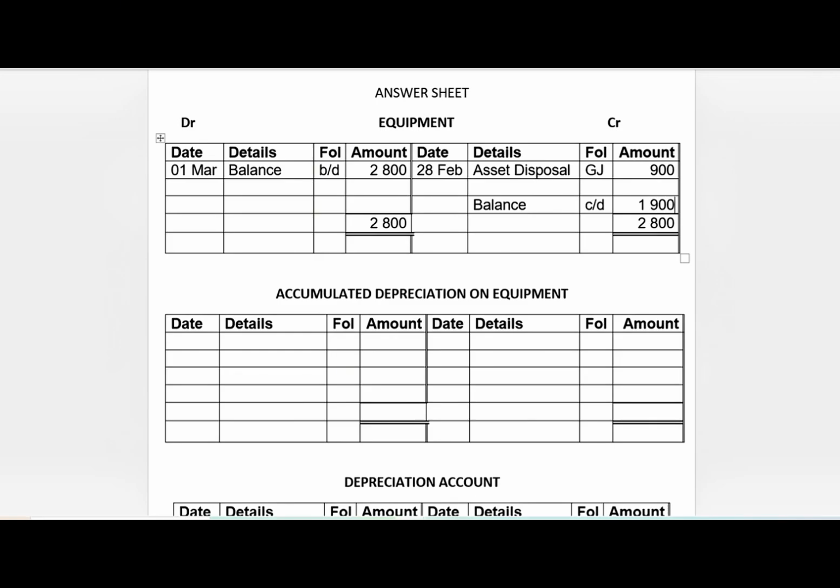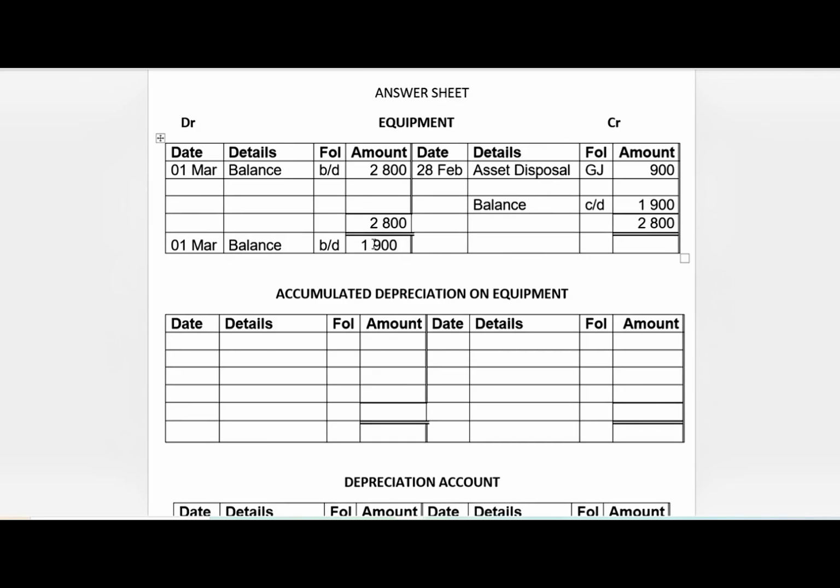So that is the closing balance, or the remaining equipment we have. This closing will also be the opening next year on the 1st of March. Balance brought down, which is going to be 1,900. So this closing will be opening on the other side when we open next year, right?